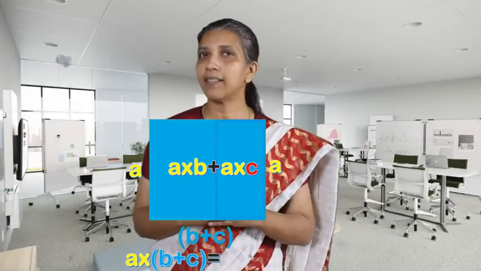Thus we can see that A into (B plus C) is the same as A into B plus A into C. Here A is distributed to B and C. Hope you understood this clearly. Now you can visualize what is distributive property.